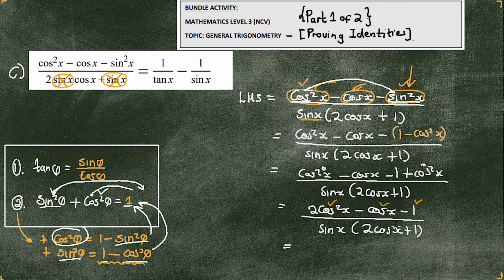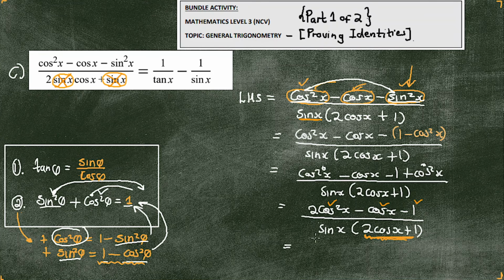You should remember this. Okay, so here's a tip. This 2 cos x plus 1, when something needs to be factored on the numerator and you have something like this on the denominator, it means that one of the factors for that trinomial should have this as one of the factors.